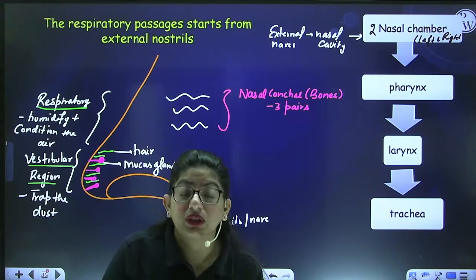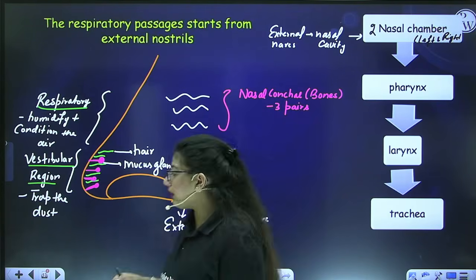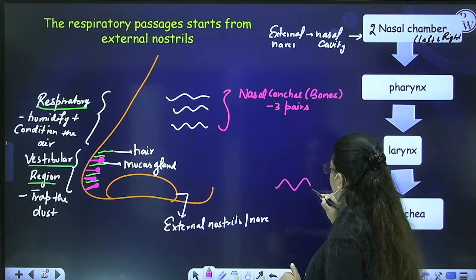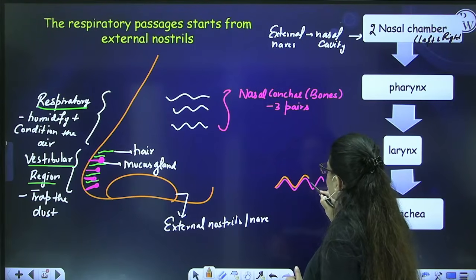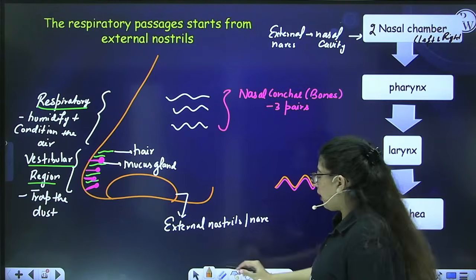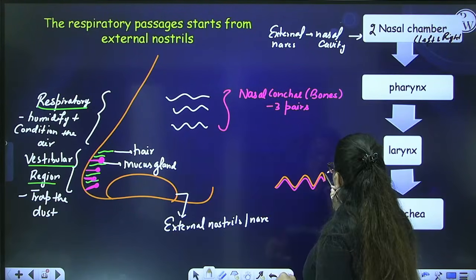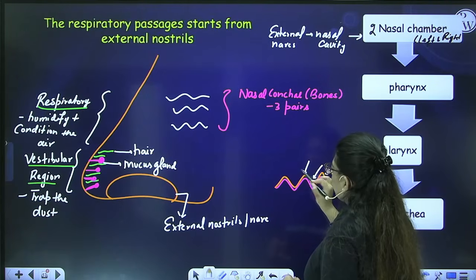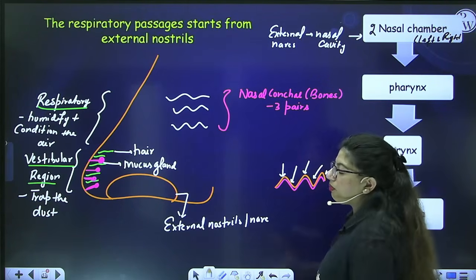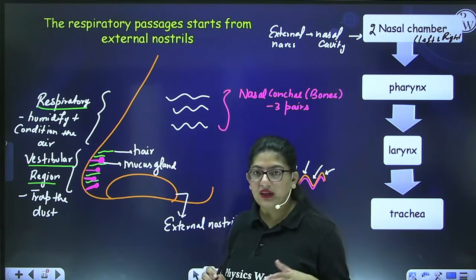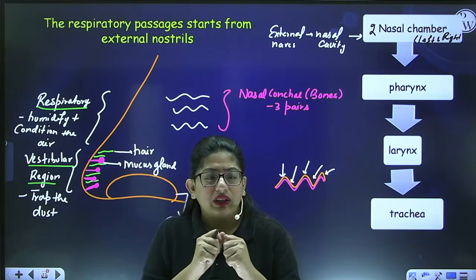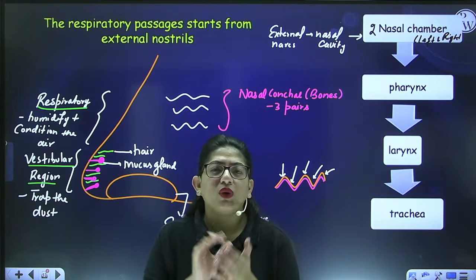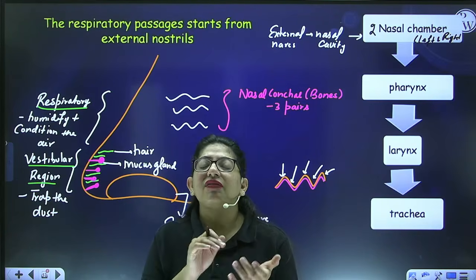Why do we want to increase the surface area? Because see guys, if the bone is present in this manner, on the bone will be present skin. That means you have more skin. Now air will have more skin to warm itself. Even if you are in a very cold area, the air is at low temperature and the molecules will have less kinetic energy.